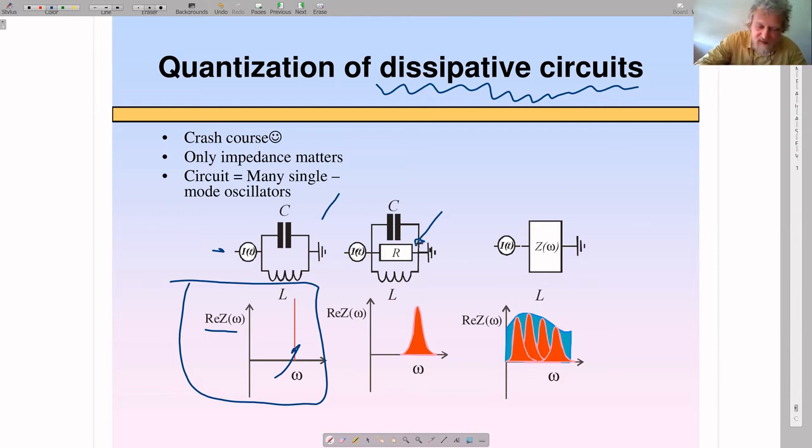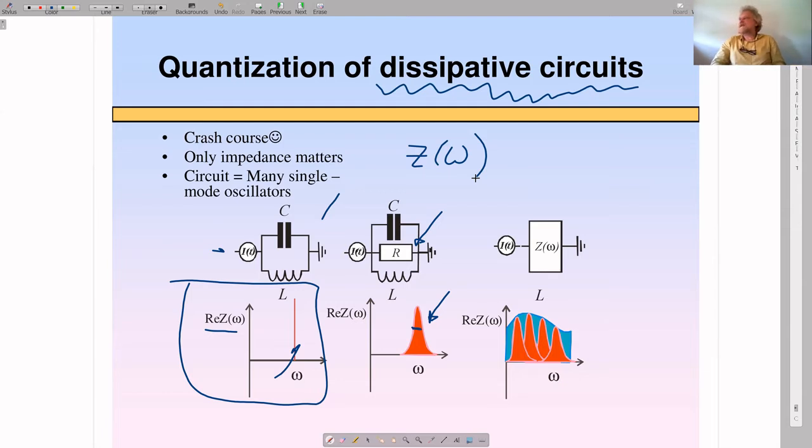This delta function will acquire some finite width. The relation of the width to frequency would be the inverse quality factor of the oscillator. But anyway, we will have a peak of finite width characterized by impedance.